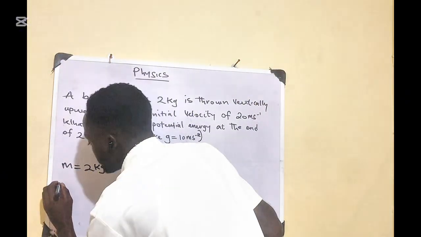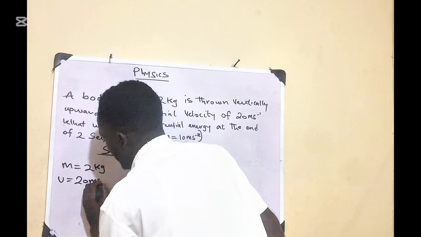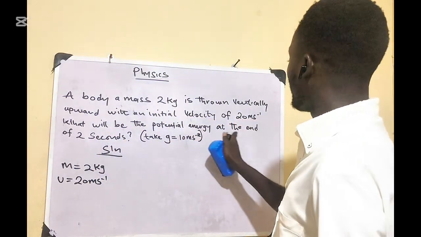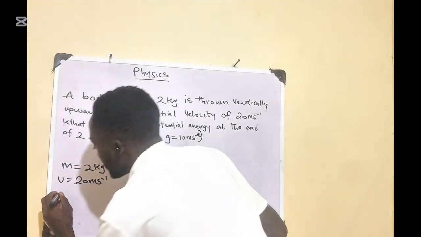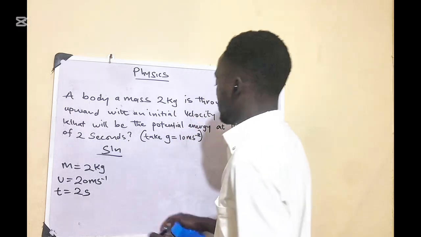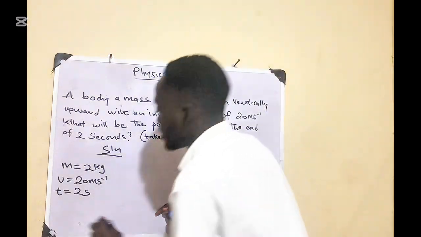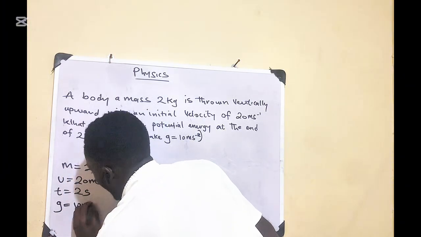So initial velocity u is 20 meters per second. Then another thing we have been given is the time, which is 2 seconds. So time is 2 seconds. Then we are also given the value of g, which is 10 meters per second squared.